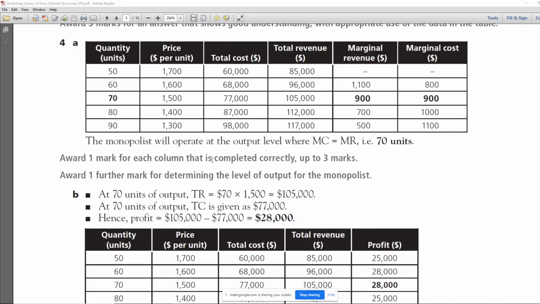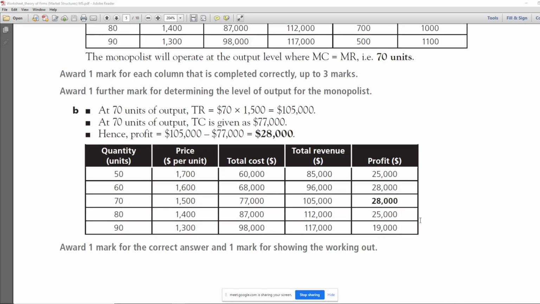And from here we can once again ascertain they are going to produce it at 70 units, because this one will give them the highest profit, which is profit maximization. So they are going to produce the output at 70, and these are all the profits that they can get by producing the products at different units.